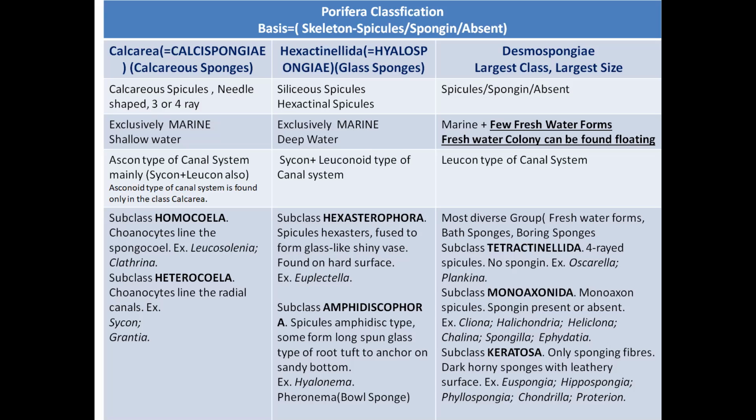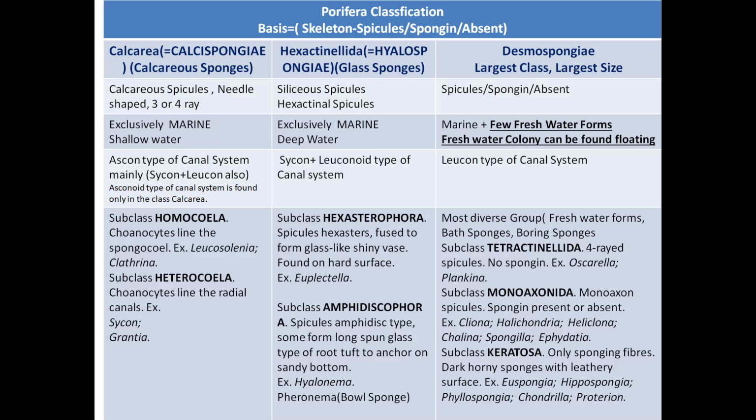Now, the second class, Hexactinellida, is called glass sponges. Why? Because they are made up of siliceous spicules, and siliceous spicules appear glass-like. So the sponges which have siliceous spicules are called glass sponges.